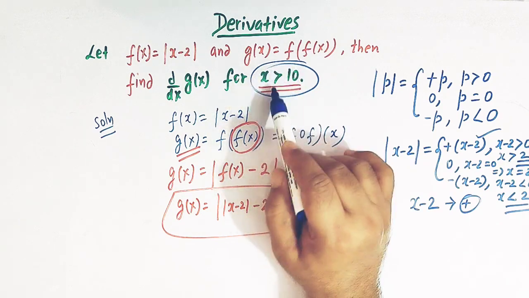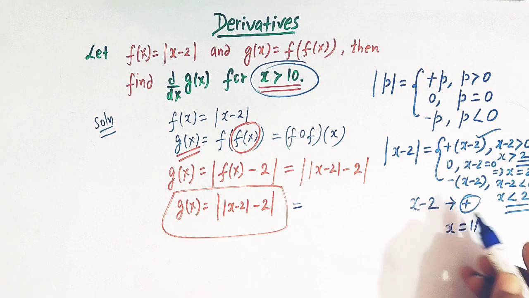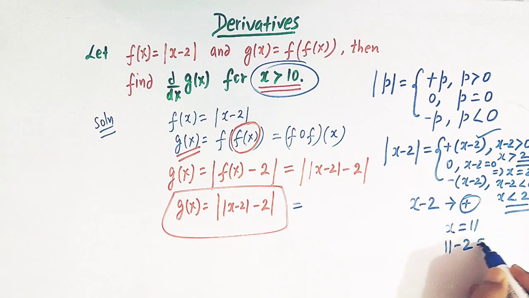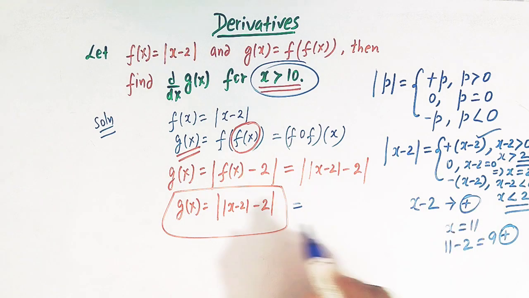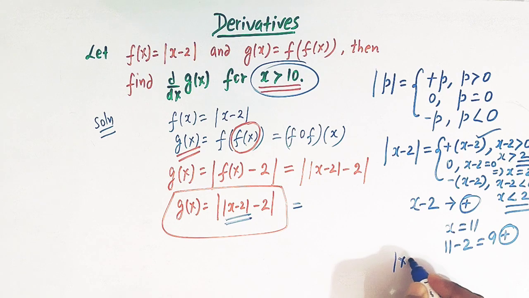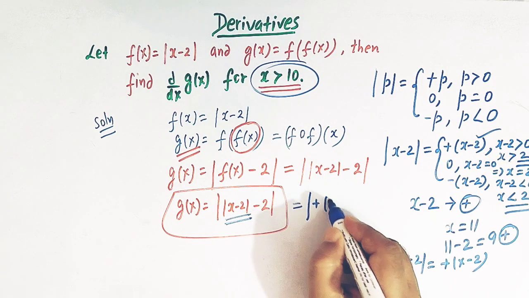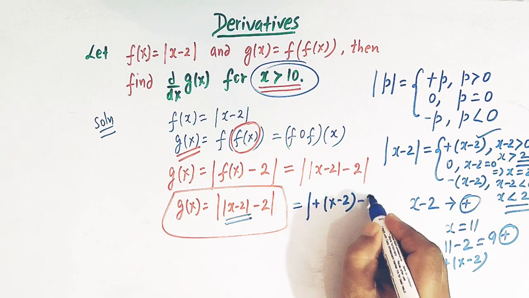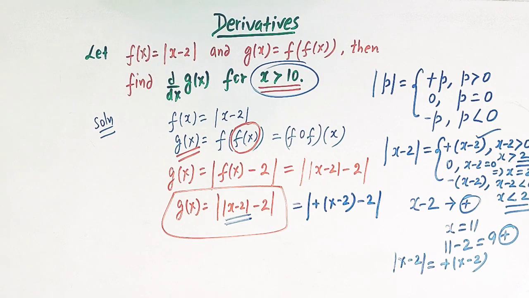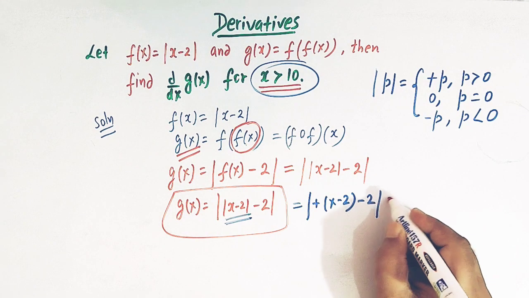Because see, for example, if we take x is equal to 11, so x minus 2, that is 11 minus 2 is 9, which is a positive quantity, right? So mod of x minus 2 may be replaced by positive x minus 2, right? So here we have positive x minus 2, and here we have minus 2. So now we can simplify it.